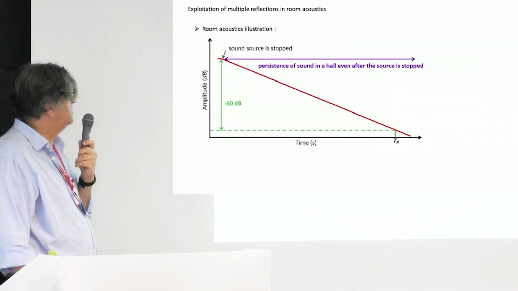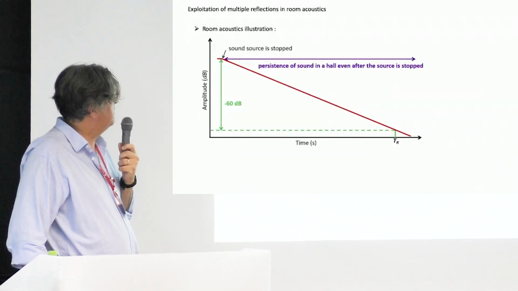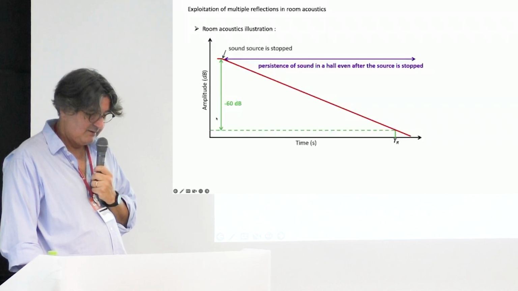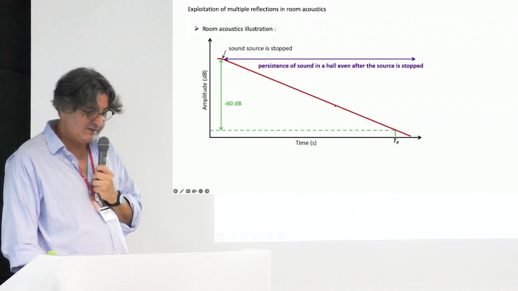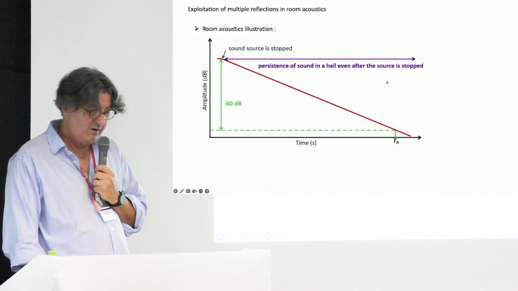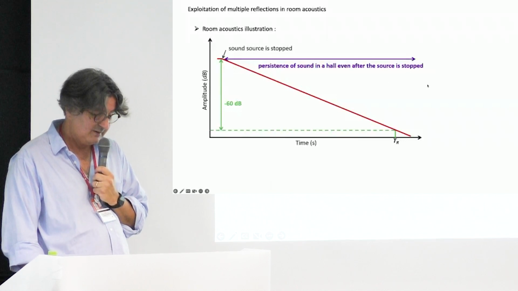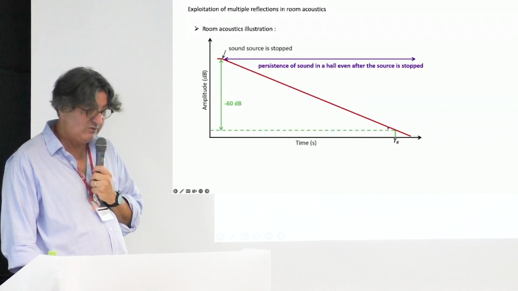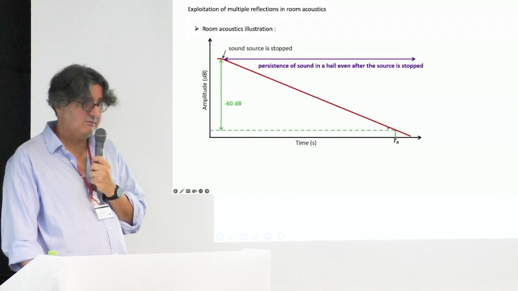If we have a source here, you will have the persistence of the sound in the hole after the source is stopped. What we look at is this decrease of the persistence of sound.